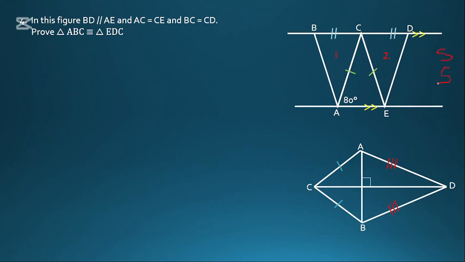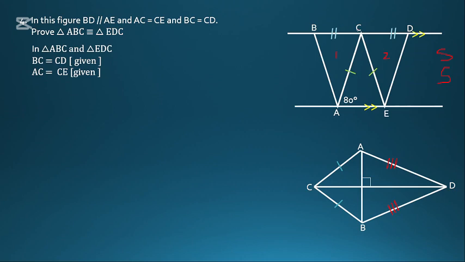So the third one must be an angle or a side. Now it won't be a side because there's nothing to show us that this side is equal to that side. So it'll have to be an angle. Right. Now you see, because these two lines are parallel, we can actually... Now before we start with the third one, let me first write down the first two.